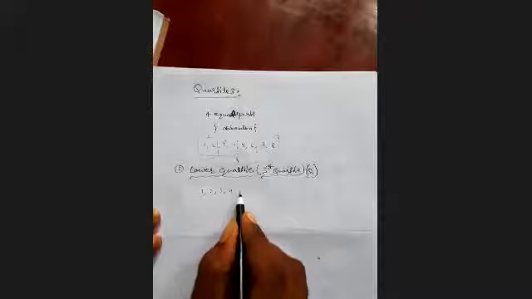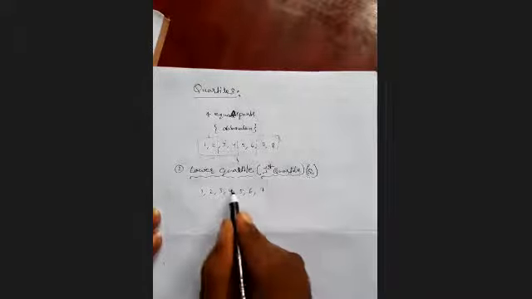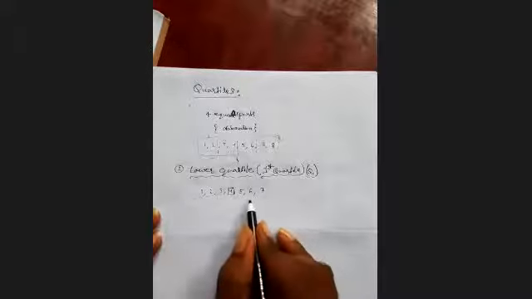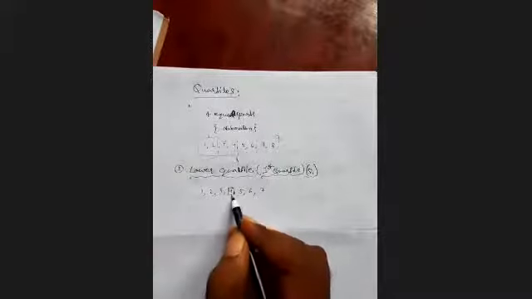Suppose we have observations 1, 2, 3, 4, 5, 6, 7. What is the median? 4 is the median, because it is the most middle term.